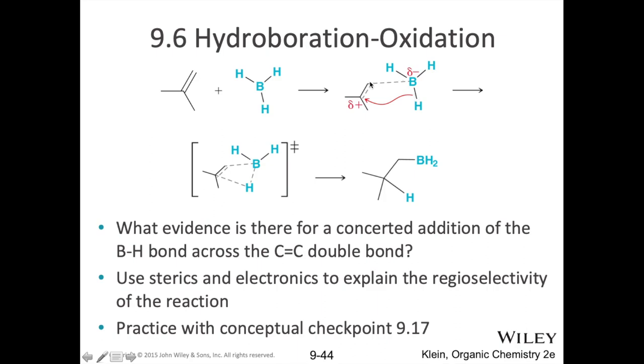Okay, you could make a sterics argument, but it's really more of a thermodynamic argument. This intermediate is a little bit more stable than if that boron added the other way. Okay, so that's why this partial positive charge is stabilized a little bit, and that's why the hydrogen winds up adding there.